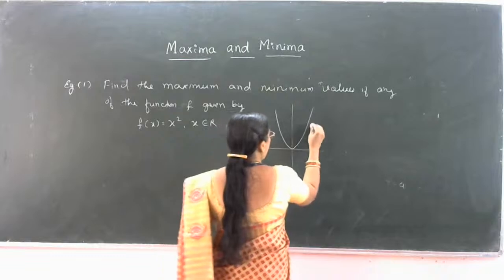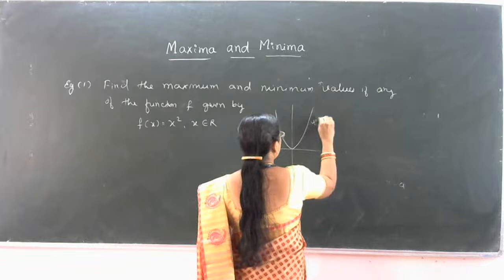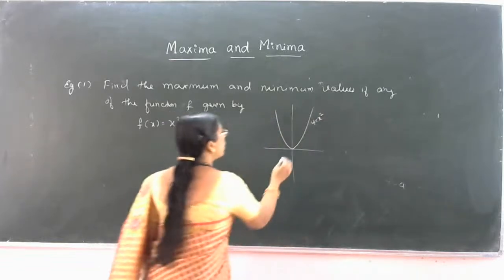It's a parabola, y equal to x square, with its vertex at 0.